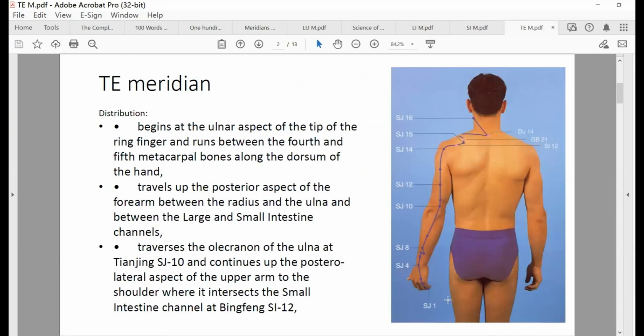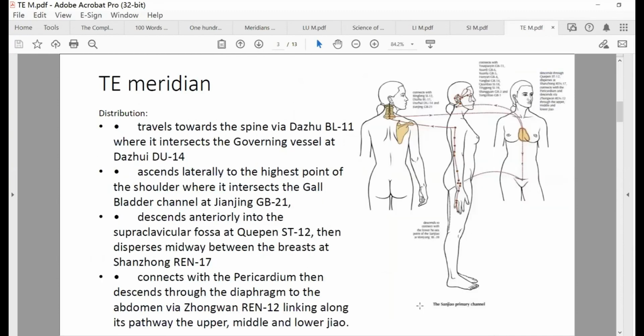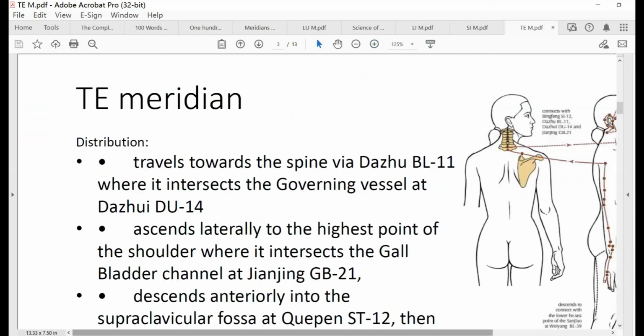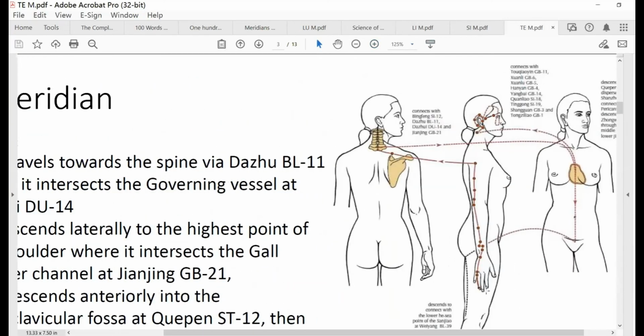And the TE in the middle. They're all on the yang part of the arms.